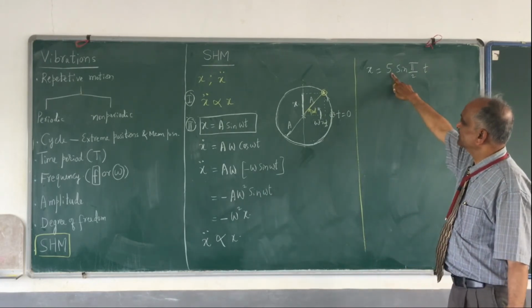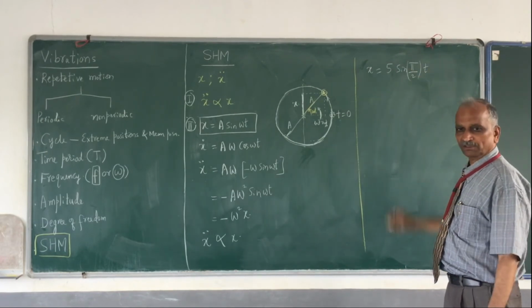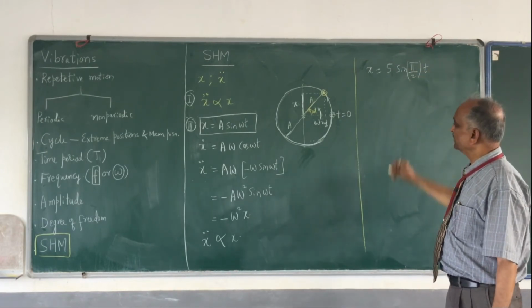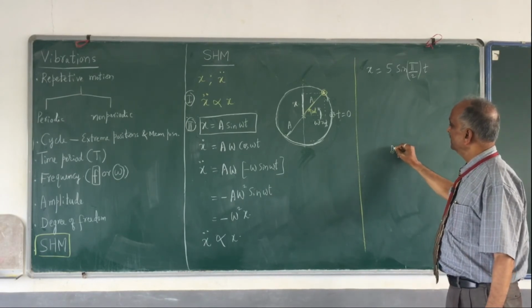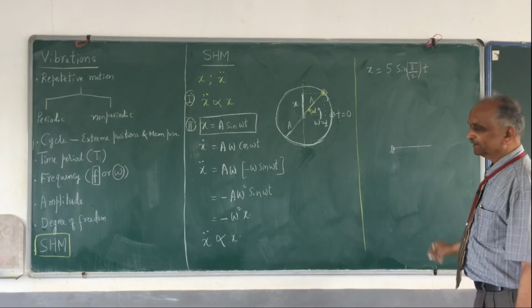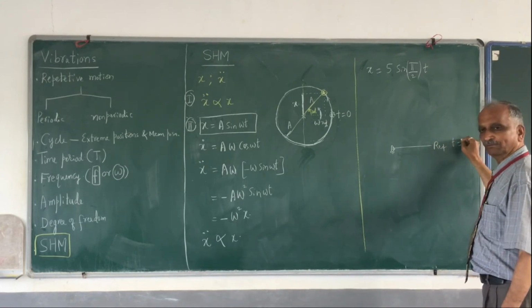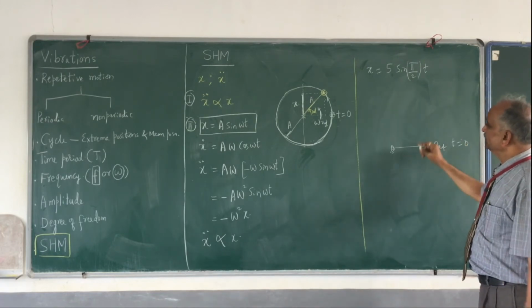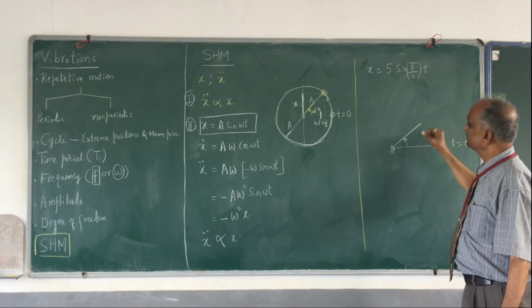This is nothing but a sine omega t. So how do you represent this? You choose a point and draw a horizontal line. This is my reference line, or t equal to 0. Then you choose some angle and draw a line.